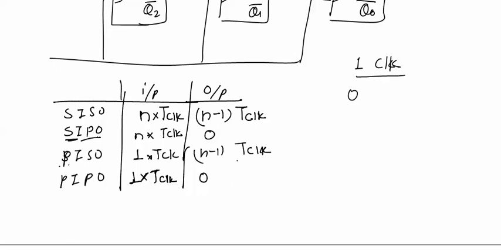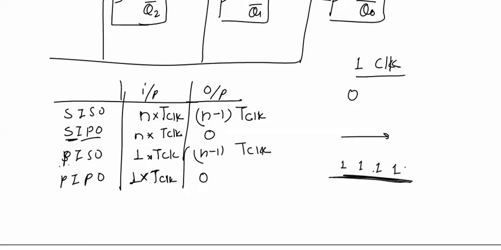One thing is that in shift registers, if data is shifted to the right, for example, we have some data 1111 in this flip-flop, and we have another input here.